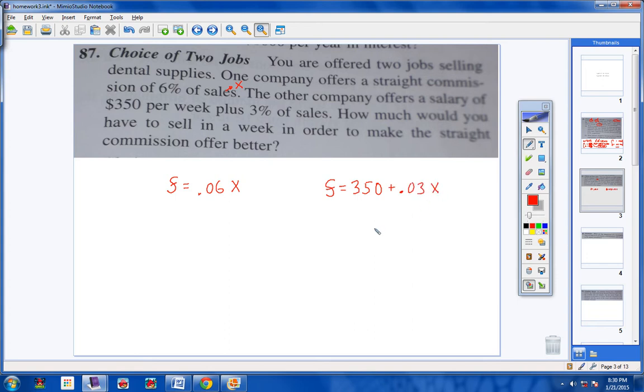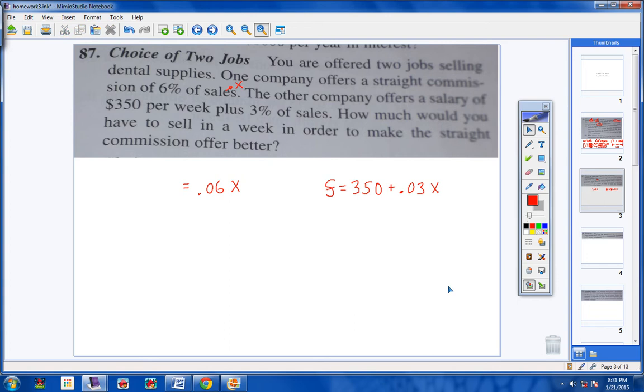Now, students, instead of trying trial and error, let's just find out when the salaries would be the same, as your point of equilibrium. In other words, what x value would you put in for x that gives you out the same S? So in other words, to find that out, just simply set the two equations equal.